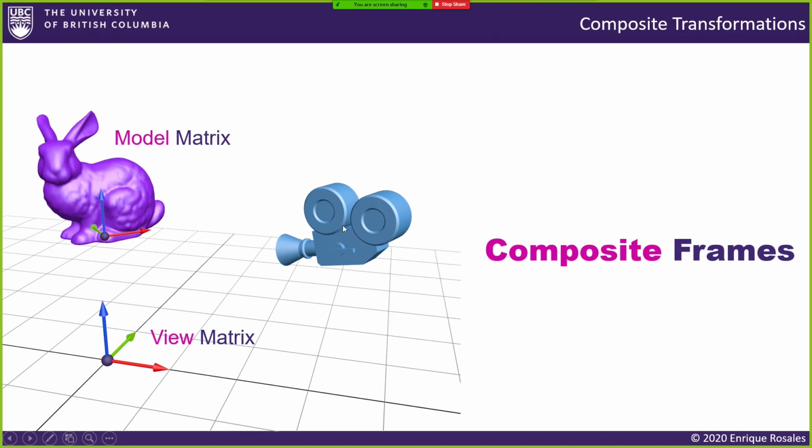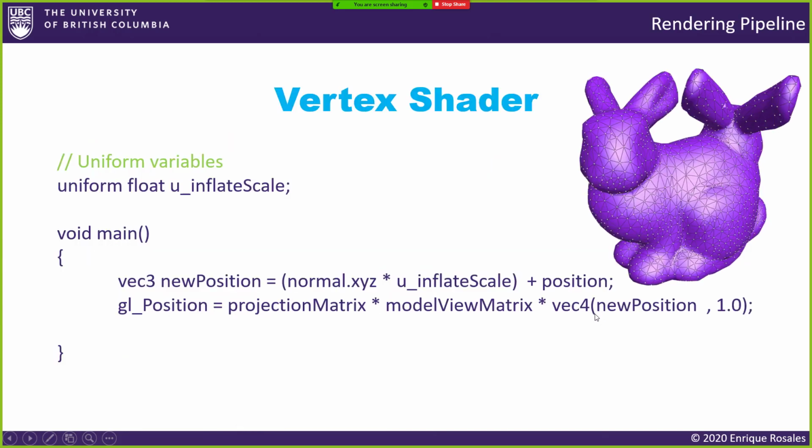And you also have a camera, and the camera also has its own matrix, its own coordinate frame, that is called the projection matrix, right? So you basically have three things: the model matrix, the view matrix, and the projection matrix. That is exactly what you see in a vertex shader. So this is the example that I've shown you many times, in which you can see that we have the actual positions, the original positions from your objects.